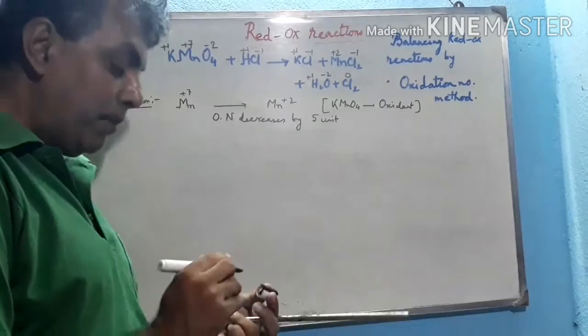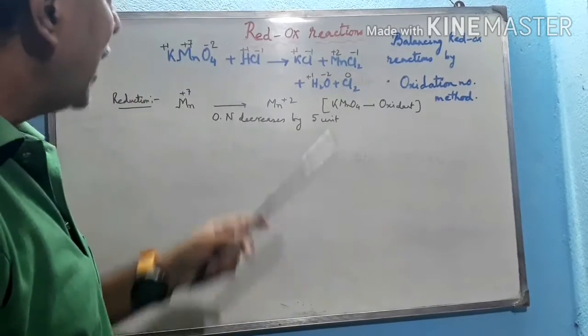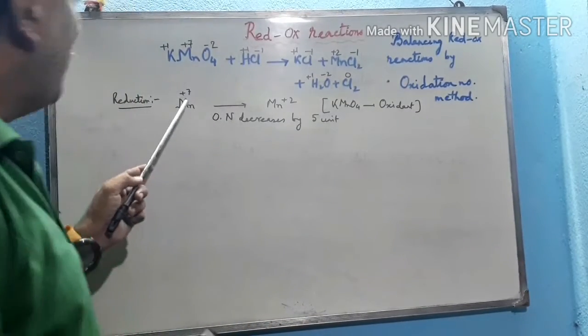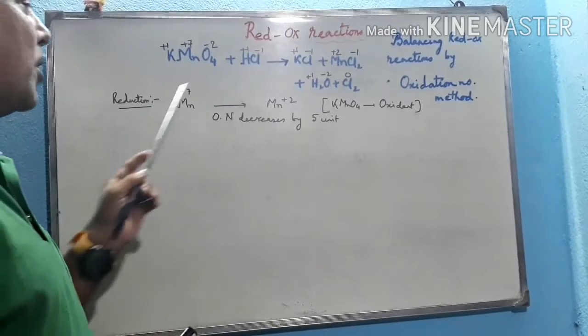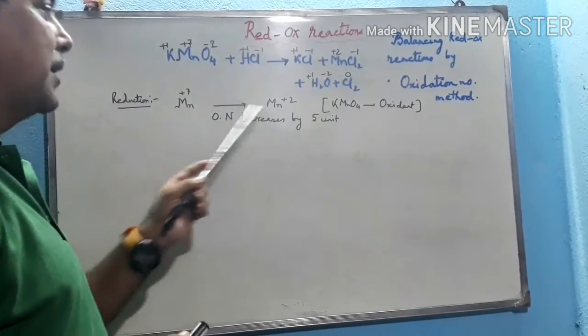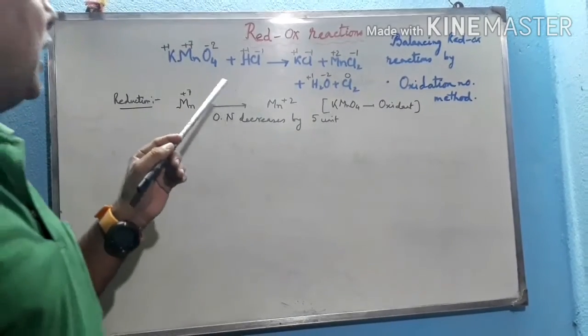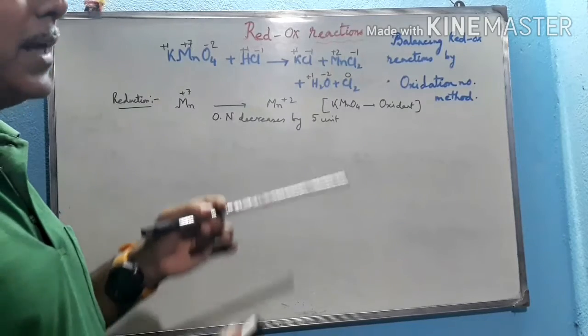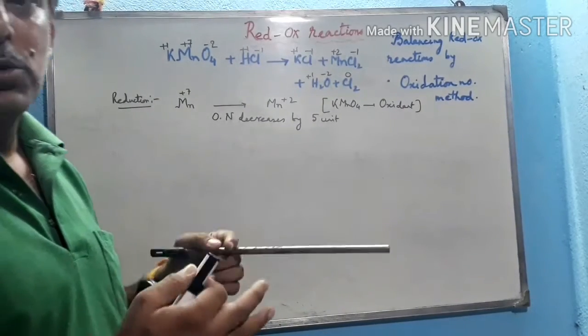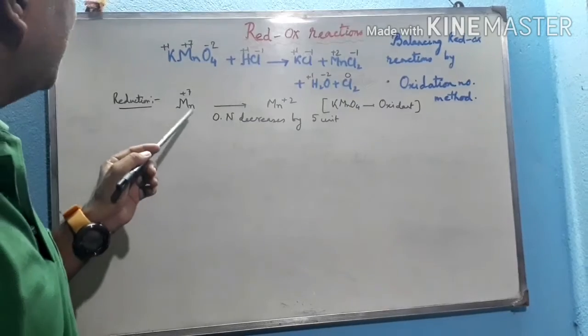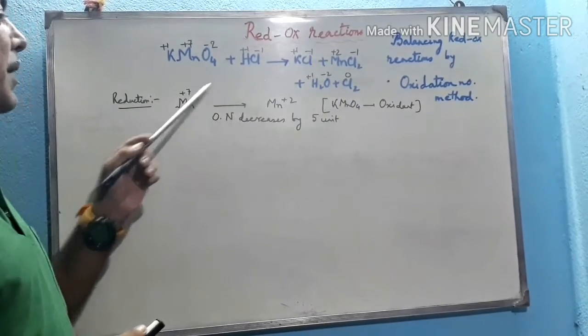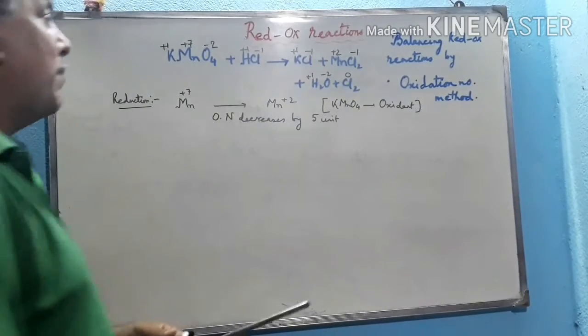First we actually have to balance both sides, the number of manganese atoms must be balanced. Here it is balanced already, but if there are different types of atoms except hydrogen and oxygen, we have to balance all other atoms. First manganese is balanced, +7 to +2, oxidation number decreases by 5.